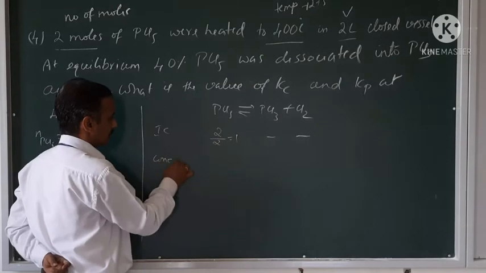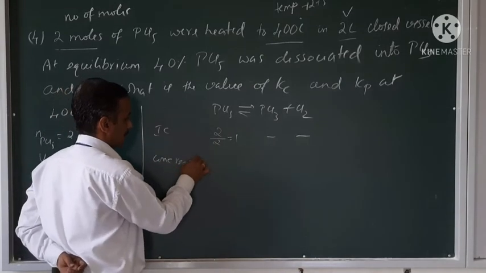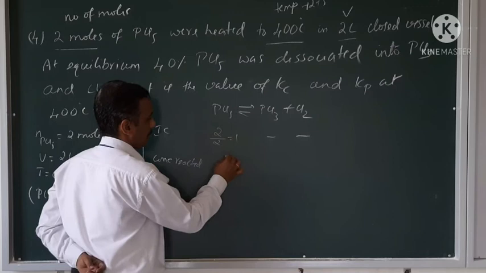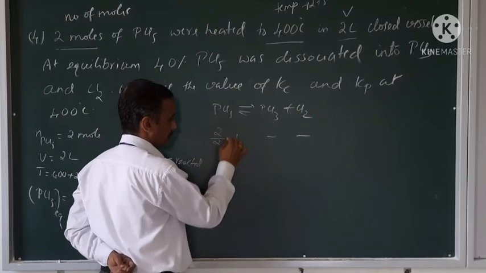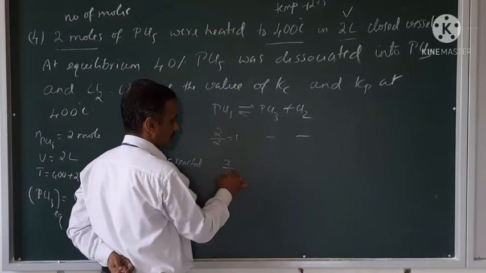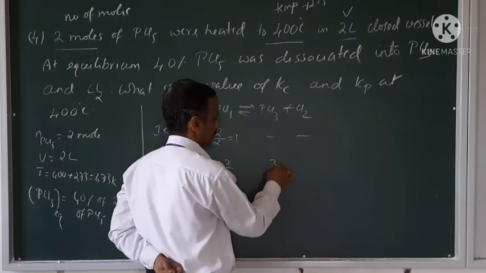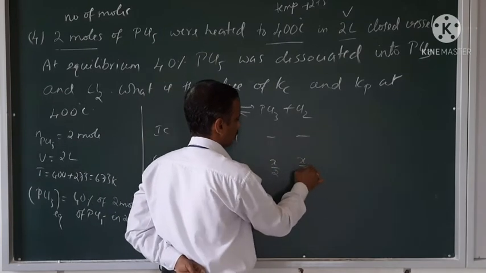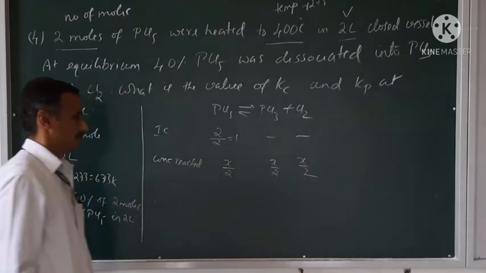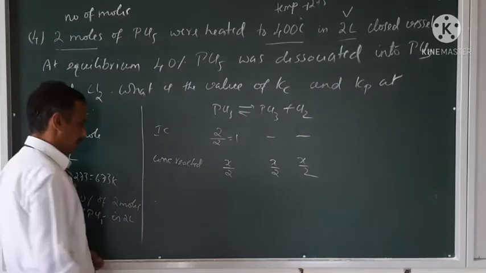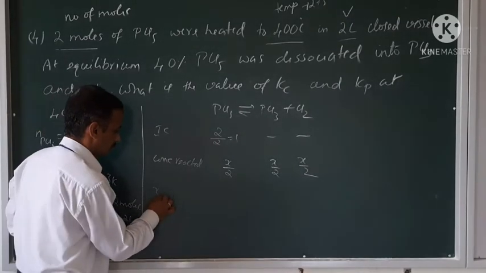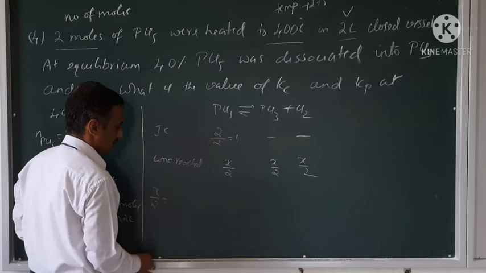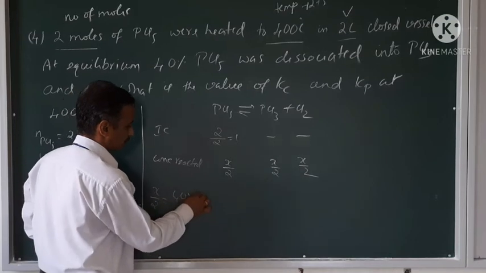Now concentration reacted. Here it is from the 1, x by 2 is going out. So x by 2 remains, x by 2 remains. And he said x by 2 is 40% of that 1.